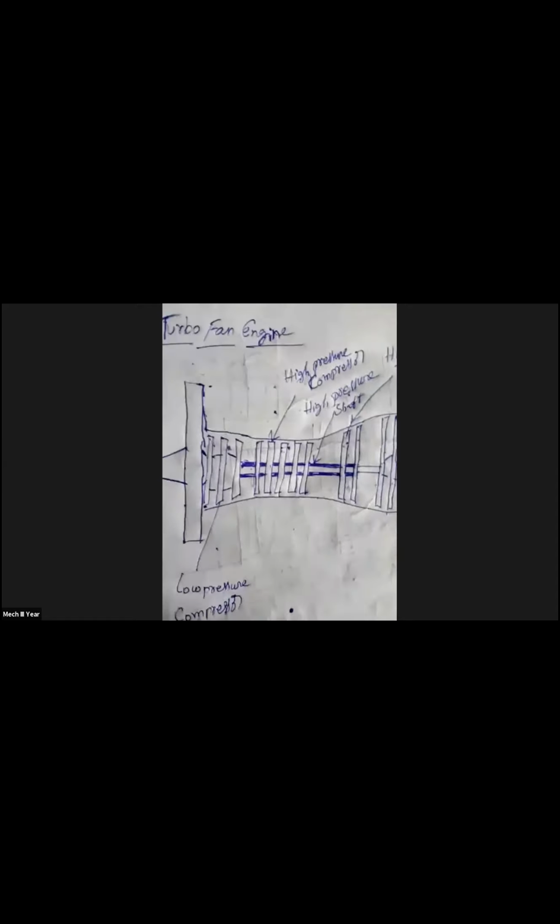Then come to this here low pressure compressor, and this one is high pressure compressor.